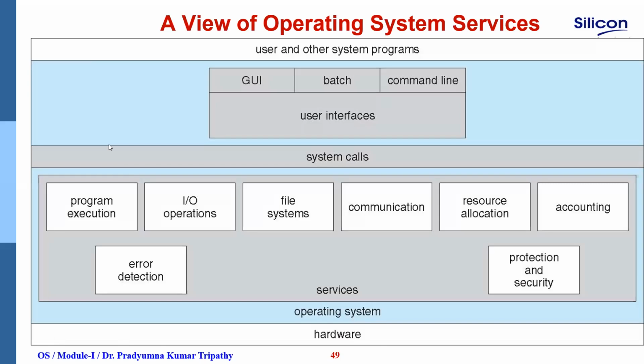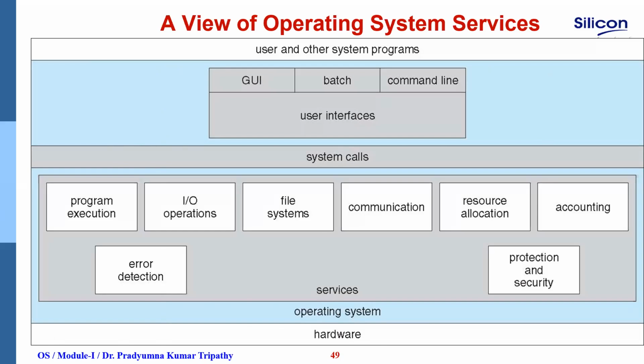Correct? So now, this blue color that we can see at the first part is the user interface or user application that is running. And the second blue part is the operating system. Correct? So inside the operating system, what does the operating system do?